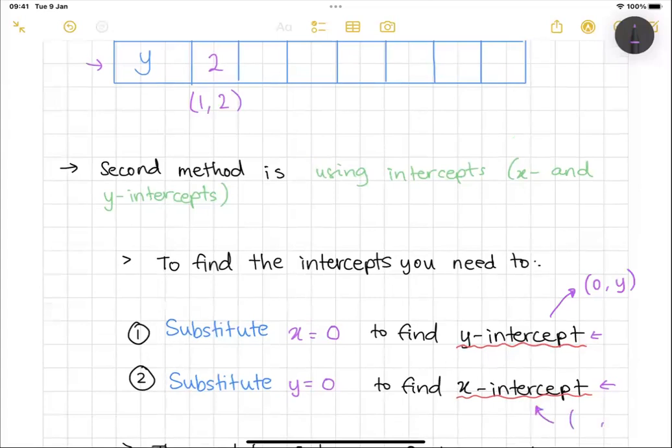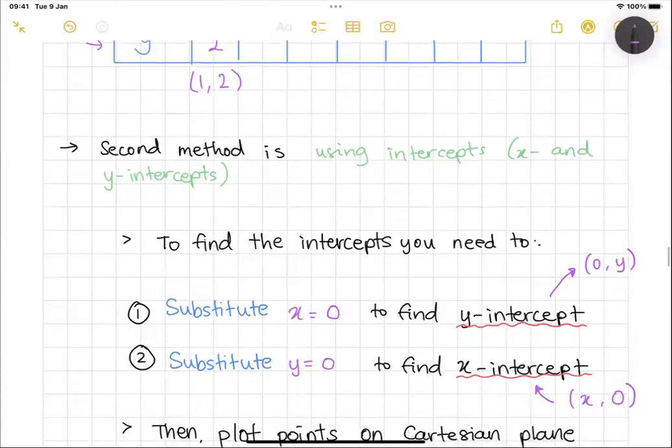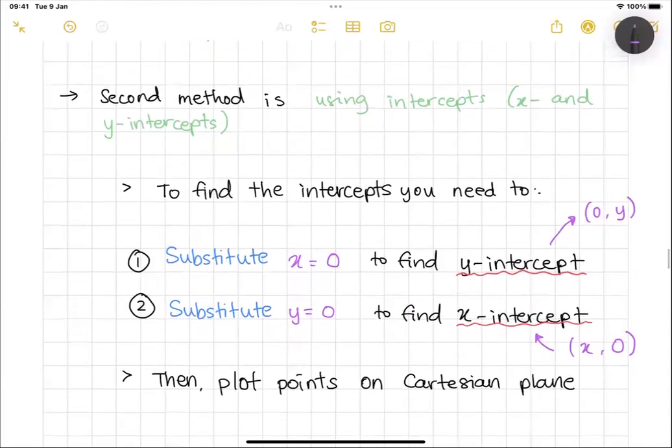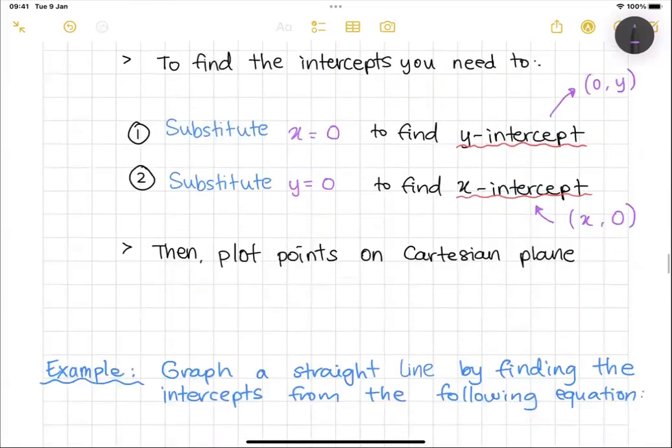If my y is 0, then x will be any number. Hopefully that makes sense. Once I've found the x and y intercepts, I'll plot them onto the Cartesian plane and then I'll connect the dots. Hopefully that is very simple and self-explanatory.